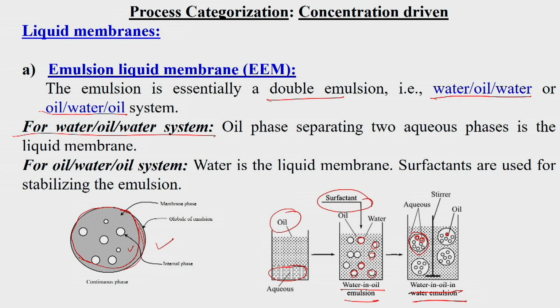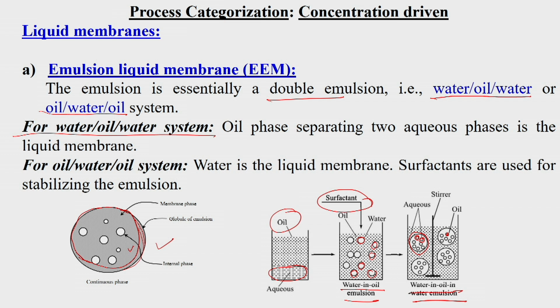So, the dye will move through either the oil barrier or the water barrier to react with whatever component is present inside this globule, and it will be trapped there to make the complex.